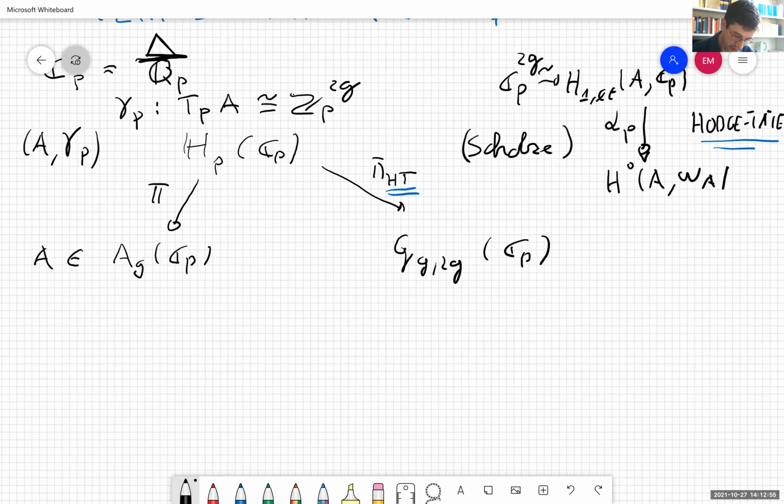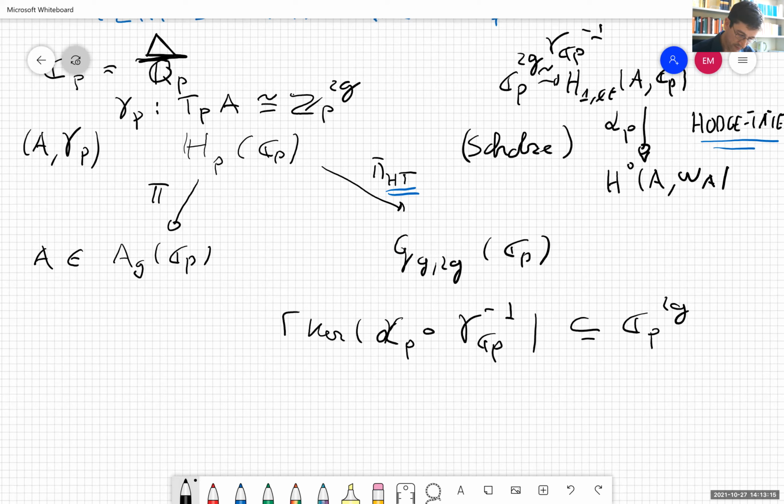And then if I take the kernel of α_p composed with γ⊗C_p inverse, that is contained in C_p^{2g}, and one can prove that in fact this is a g-dimensional C_p subvector space, which is isotropic with respect to the standard symplectic form, and it defines an element over there.